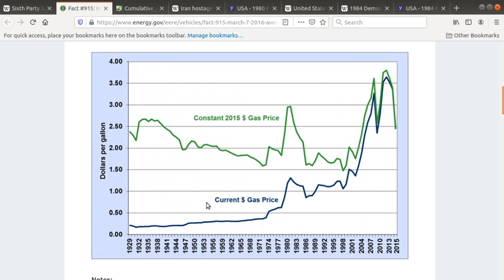The current prices are in the dollars of the given year. That's why you can generally see prices go up, because as we get closer to now, inflation also goes up. That's why near the end it starts matching up, around 2013.